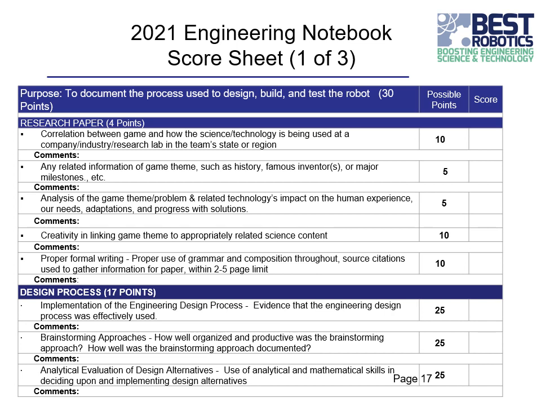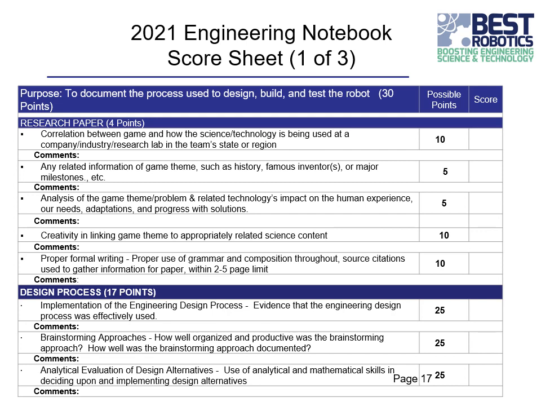So if you don't use information such as history, inventor, or milestones, if they can't find that in your document, you will lose 5 points. If you don't make it 2 to 5 pages, you'll lose some portion of the 10 points that is possible for that area on this score sheet. So here's the 4 points for research paper.